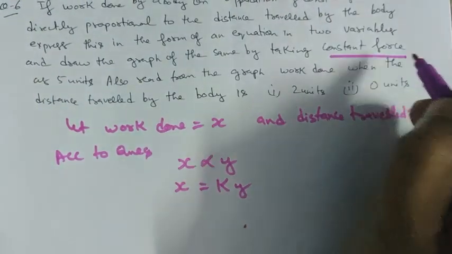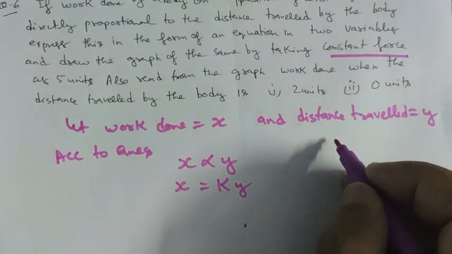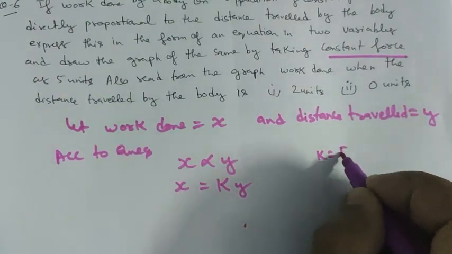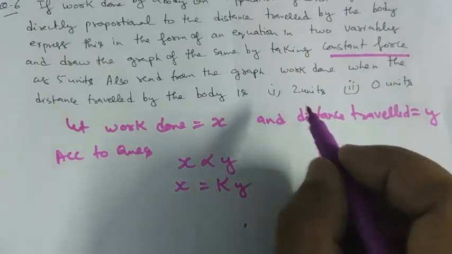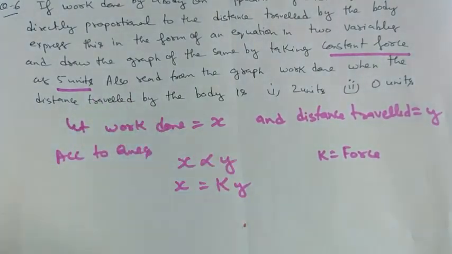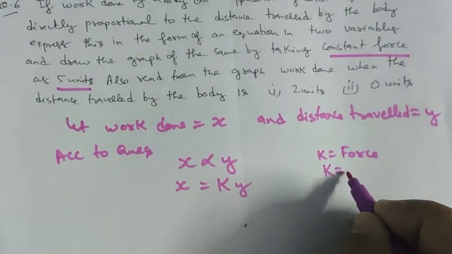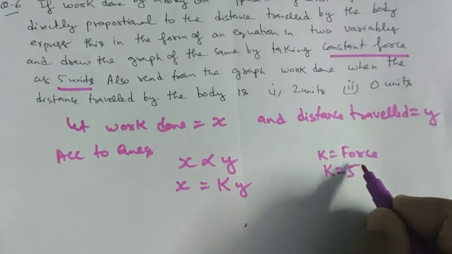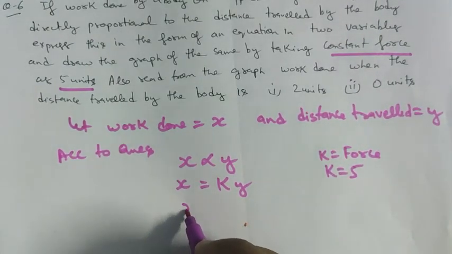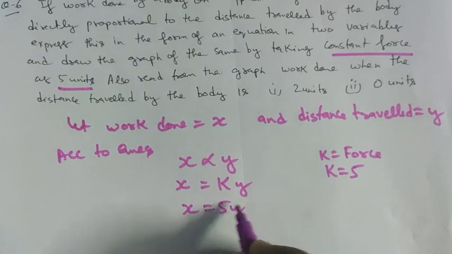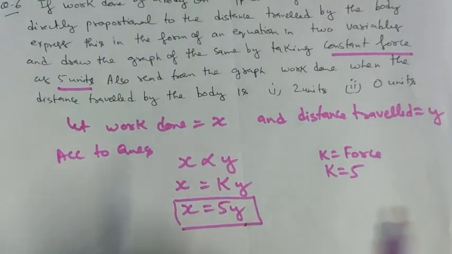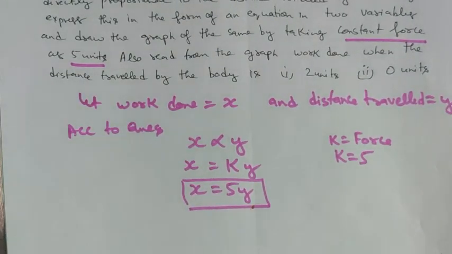Force is given constant. So this k is the force, and it is given to take the constant force as 5 units. So we put k equals 5, and our equation becomes x equals 5y. Now we have got the equation.